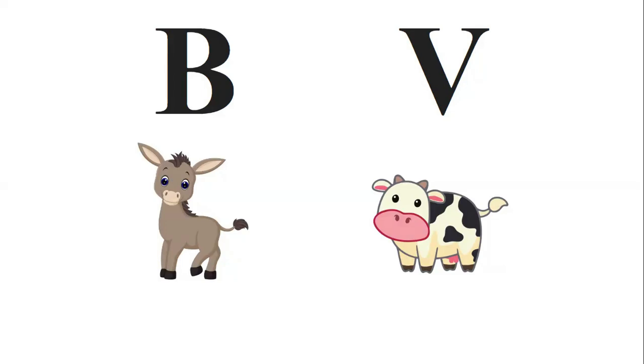The first one we call B de burro, donkey, burro, which is written with B de burro or B grande. And this one is B de vaca, cow, vaca, which is written with B de vaca or B chica.